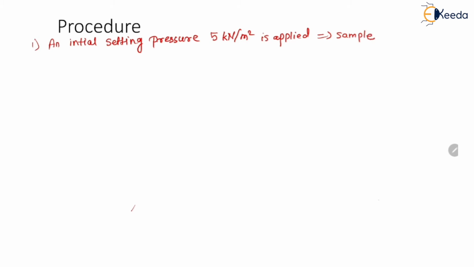This load is allowed to stand still till there is no change in dial gauge reading or 24 hours, whichever is less. And then the final dial gauge reading under this load is recorded.